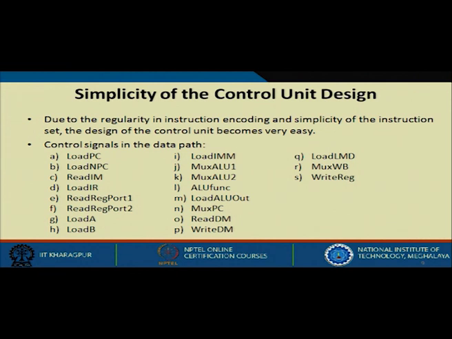So, in MIPS the instructions are very regular, the structure is the same. All the instructions will be exactly the same. Depending on what kind of instruction it is, load or store, some values will differ. Otherwise, it is the same.